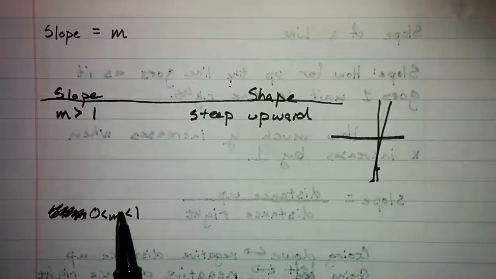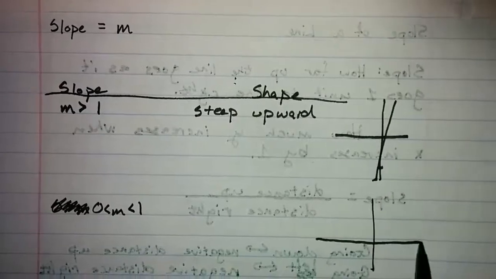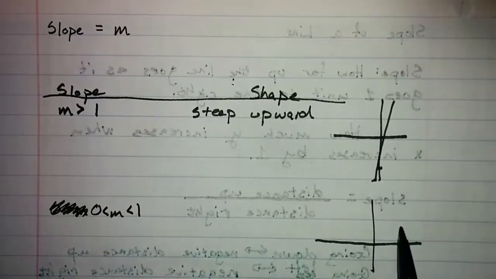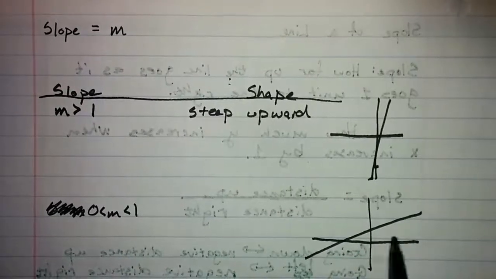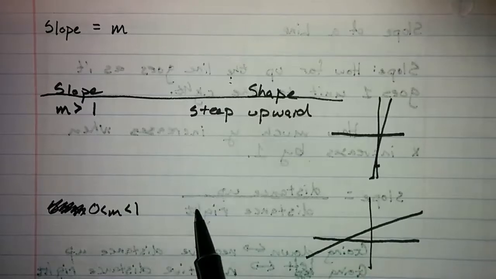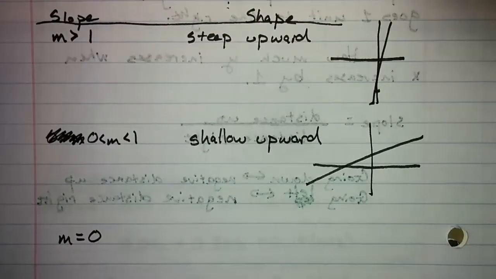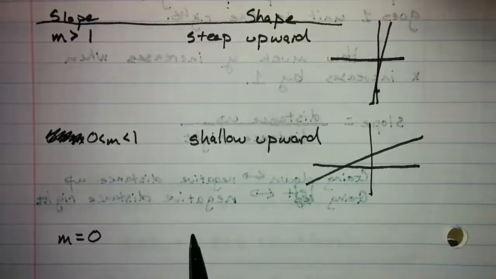If M is a positive number, but smaller than 1, that means that when we go 1 to the right, we go up less than 1. So our line will still slope upward, but it will be shallow. If the slope is exactly 0, that means that when we go 1 to the right, we don't go up or down at all.